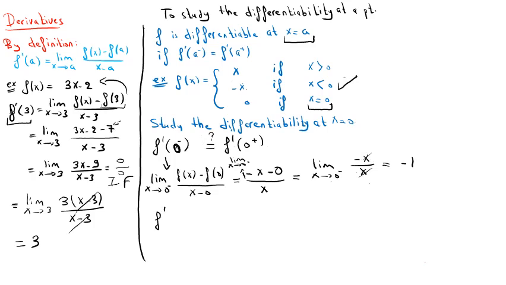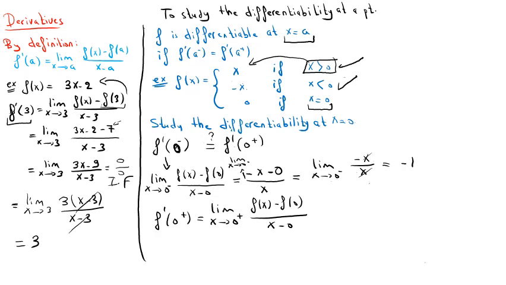Now f prime of 0 plus is equal to the limit as x tends to 0 plus of f of x minus f of 0 over x minus 0. x tends to 0 plus means a number greater than 0. In this interval, f of x is x.